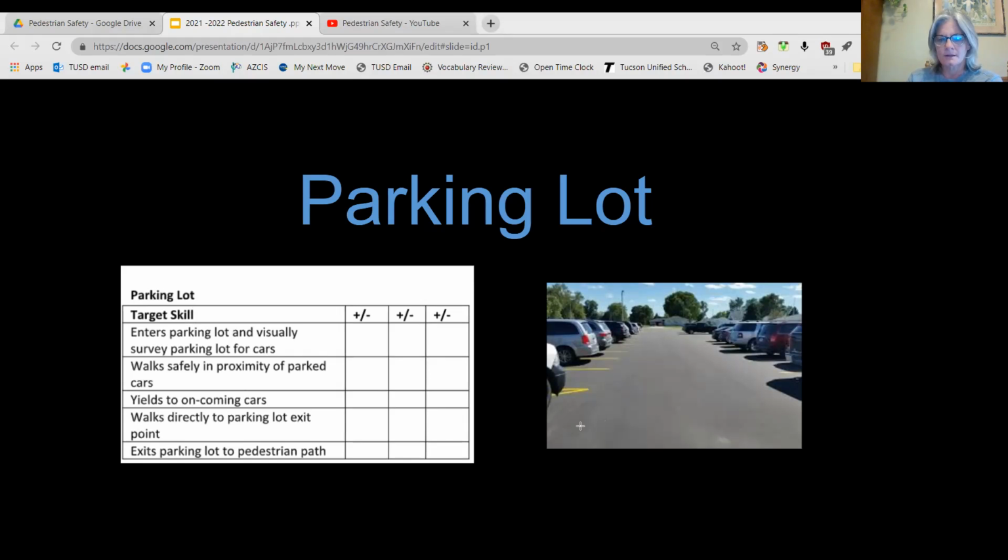You want to be at least over here so you can see the cars backing up. And then you have a start point and you have an end point. You got to walk directly from one place to the other.